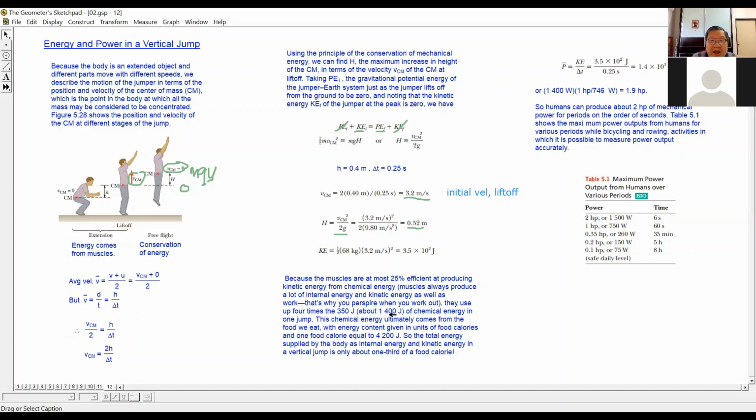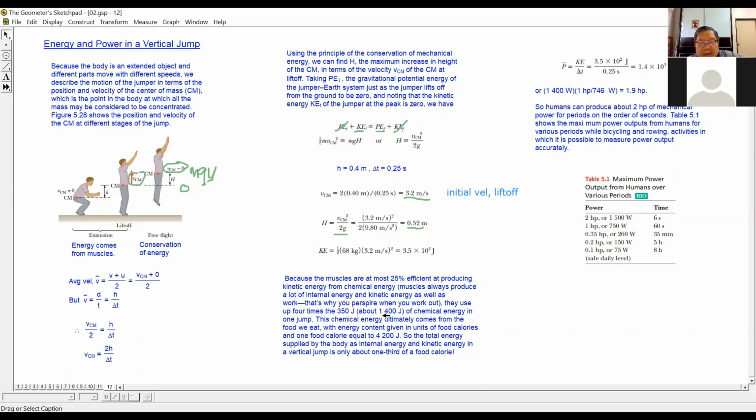Okay, so instead of 350, what he actually used up is 1,400 joule. According to the estimate, it is 1,400 joule from the food. And this 1,400, and 1 calorie of food produces 4,200 joule.